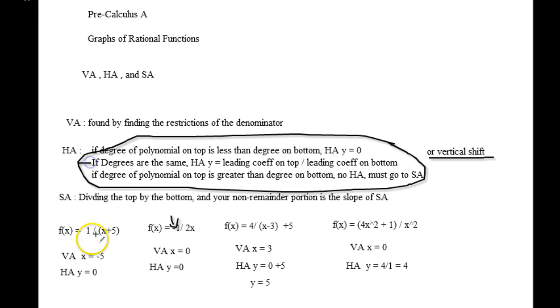All right, now let's say we actually had a slant asymptote. So let's say we had f of x equals (x cubed plus 1), all in parentheses, divided by x squared.